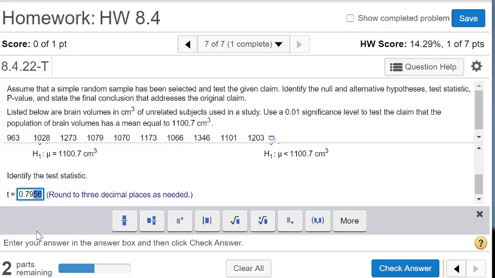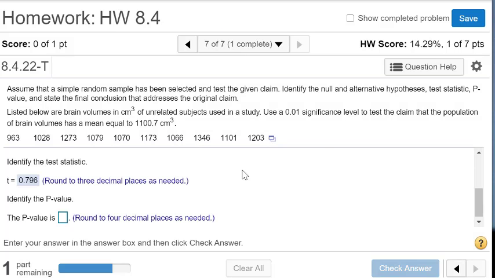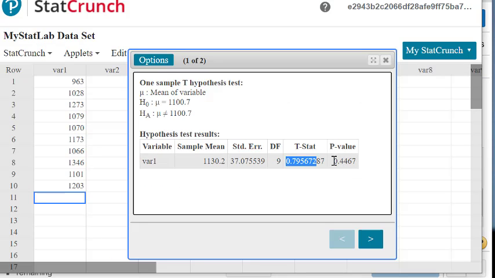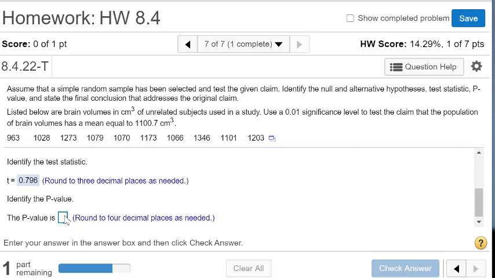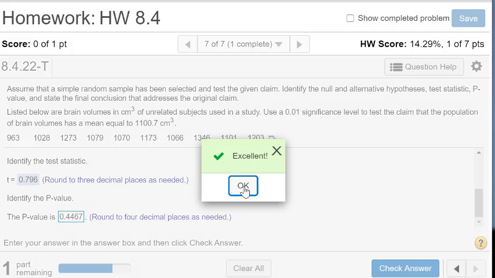We're going to add 1 to 5, so that's going to be 6. And let's take a look at our p-value. Our p-value, again, is fairly big, 0.44. And they want us to round off to 4 decimal places. Our computer already rounded it to 4 decimal places, so we'll just take that.